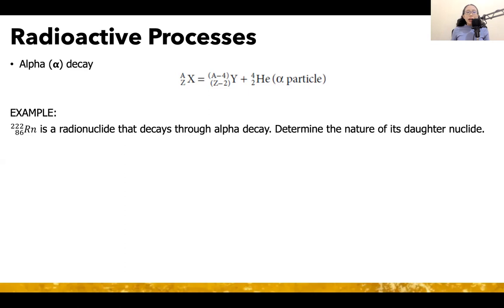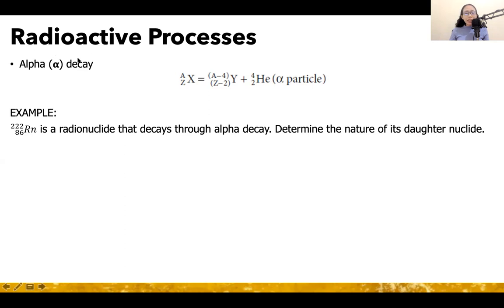Okay, an alpha particle is composed of two neutrons and two protons. So it's like the nucleus of a helium atom. That is why it is often represented by the symbol of helium. But take note that this is not a helium atom, but this is an alpha particle. Okay, it's just the nucleus of the helium atom.